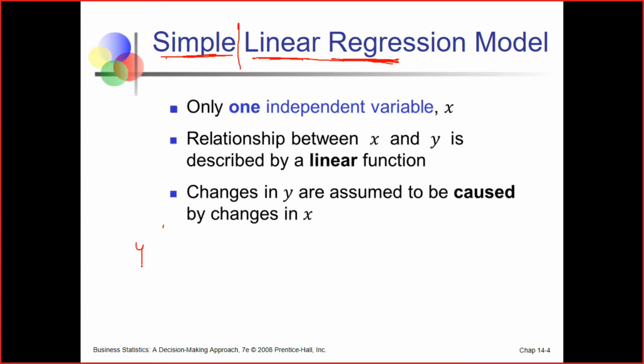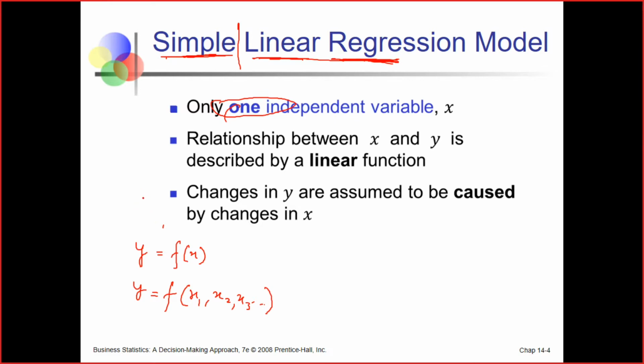So if y is a function of x, meaning only one independent variable, then we call it simple. But suppose y is a function of more than one independent variable, x2, x3 and so on, then we call it multiple.